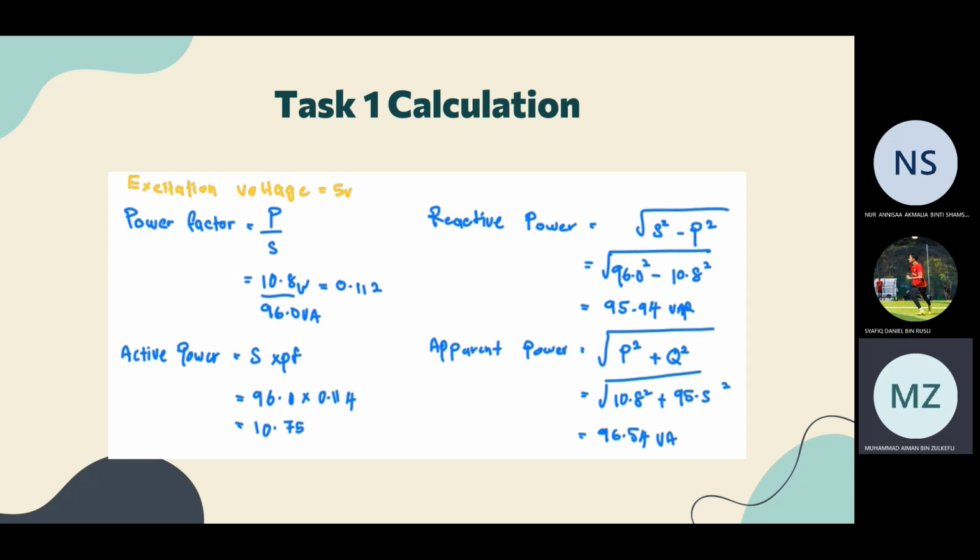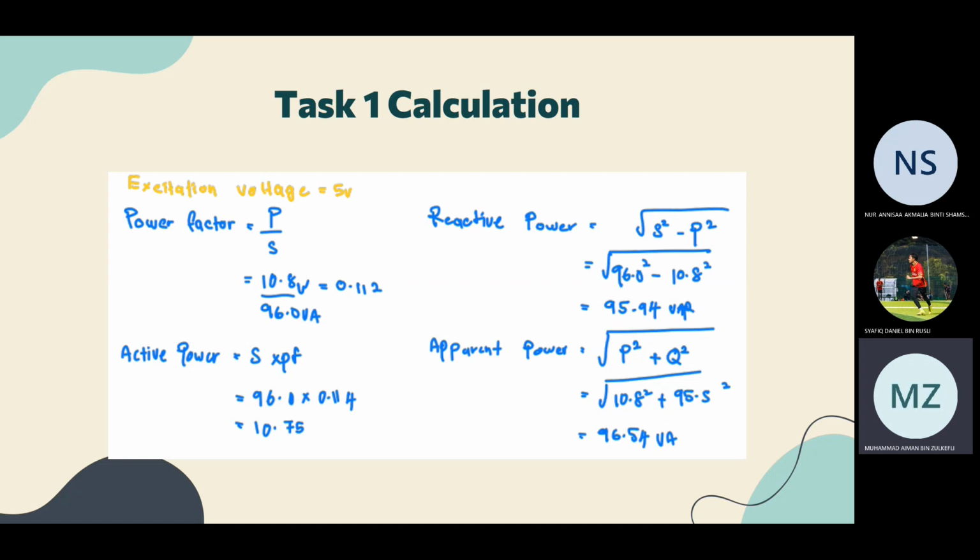Okay, for the question we have, we are using the power factor, reactive power, active power, and apparent power. For the calculation of power factor, we will use P divided by S, where P is power and S is apparent power.